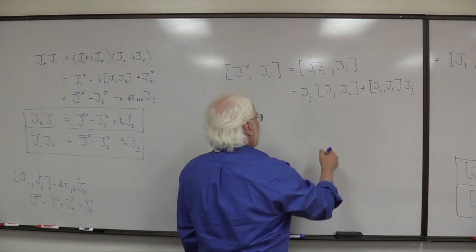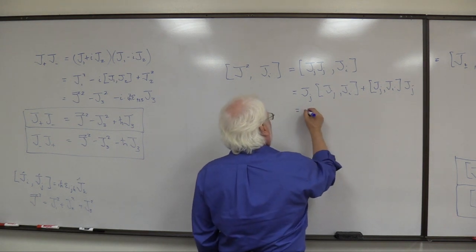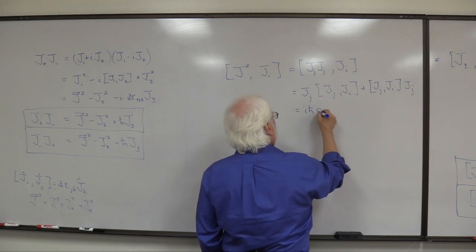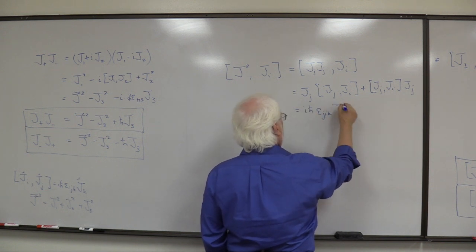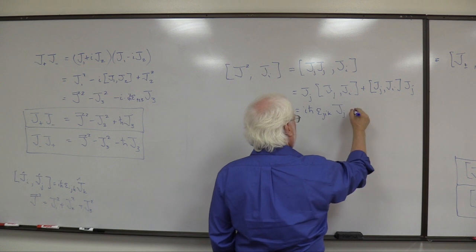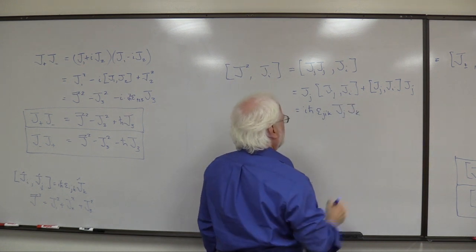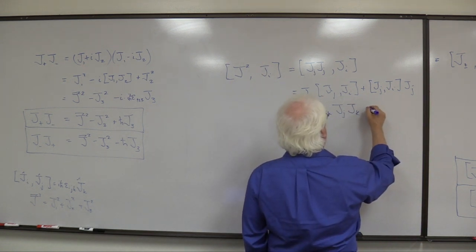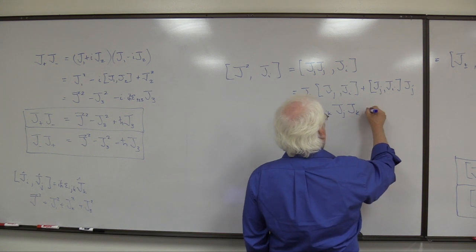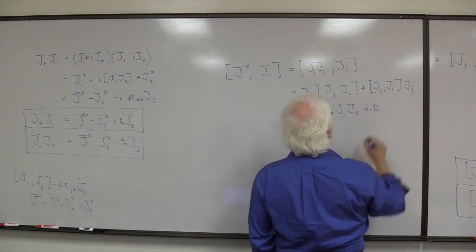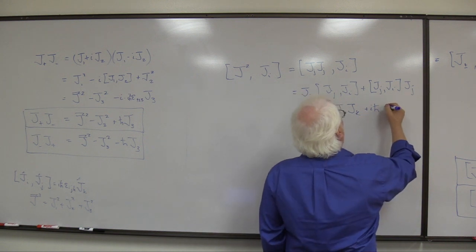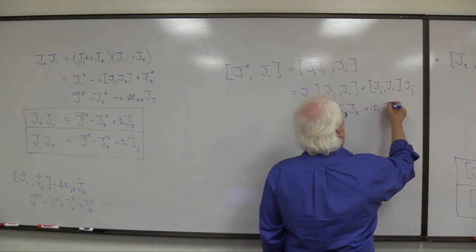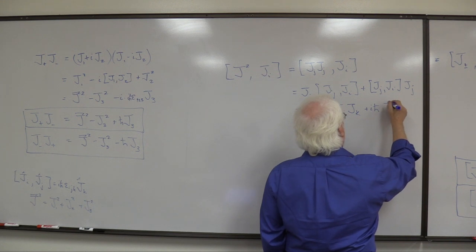And now J i with J j is i h bar epsilon j i k, and then we have this J j, and this gives us a J k. And here we have i h bar. Let's see, it's not quite the same. The J j is on the other side. But the i h bar will be there.